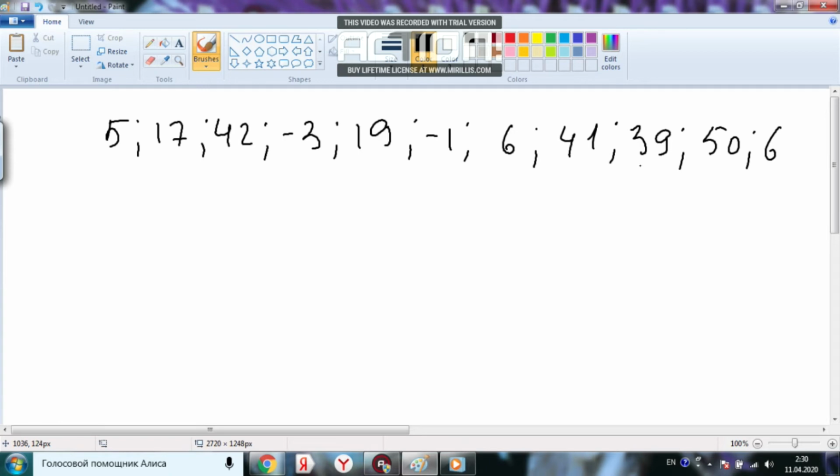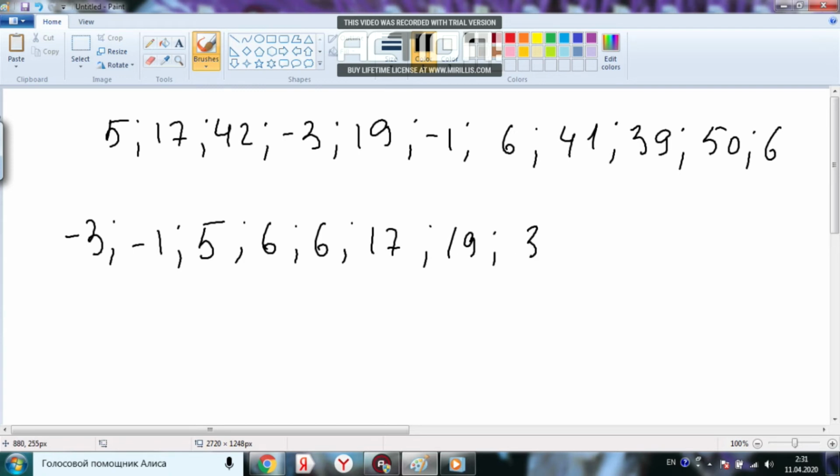So firstly, in order to find the median of the set of numbers, we should write all these numbers in increasing order. So the first one will be -3, then -1, then 5, 6, 6, 17, 19, 39, 41, 42, and 50.